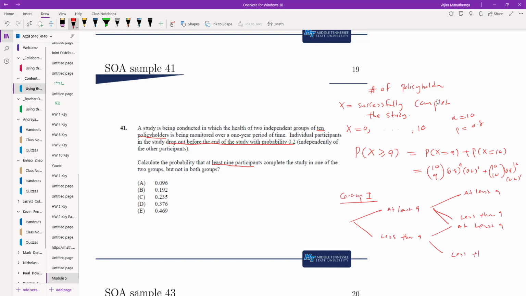So we are looking for at least 9 participants completing the study in one of the 2 groups, but not both. So we are looking at this possibility. You have to find the probability and then combine those 2 to get the answer.